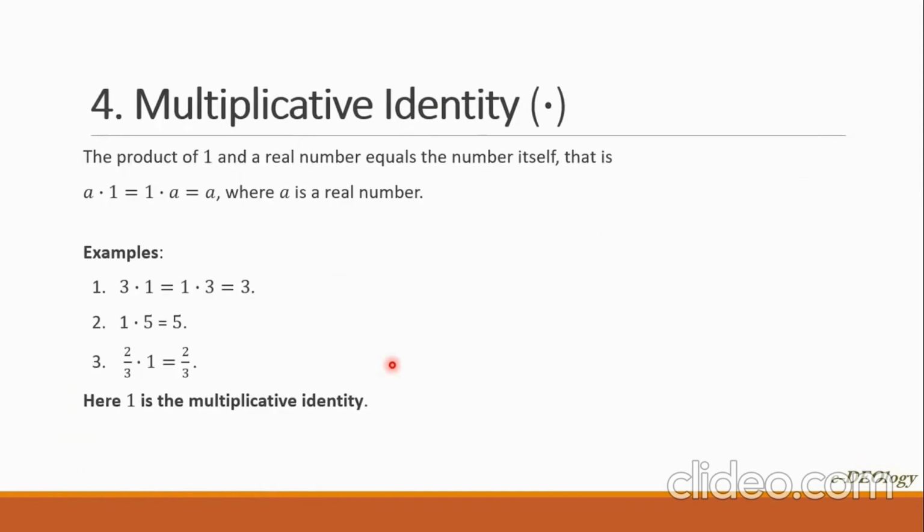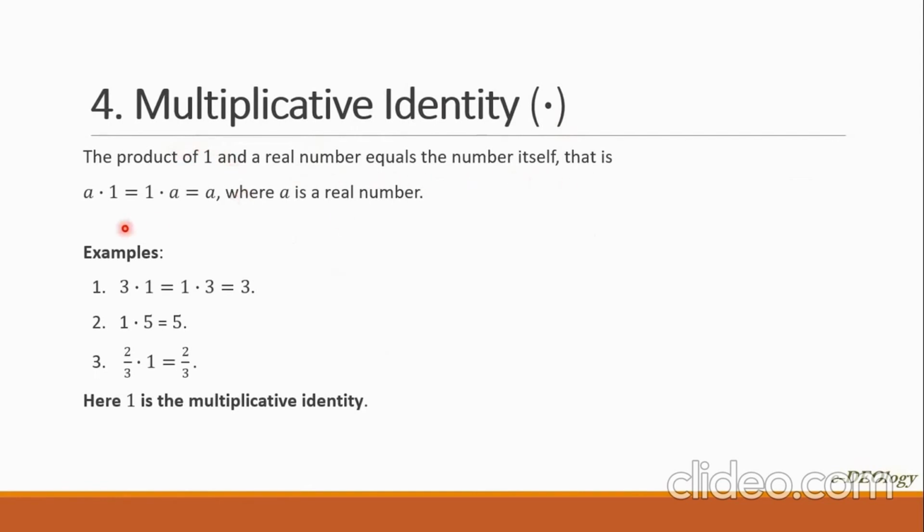The fourth property under multiplication is what we call multiplicative identity. It says the product of 1 and a real number equals the number itself.